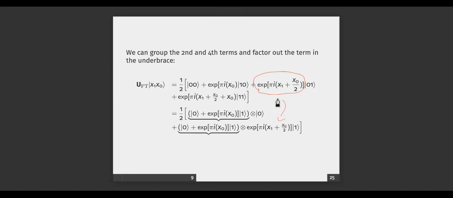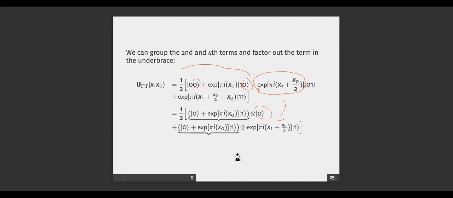What you're left with is 0 plus the exponential of pi i x0. So you're left with this one here, and the first two terms will be like this. It's the same, except that we just factored out the first qubit, which is this one here.